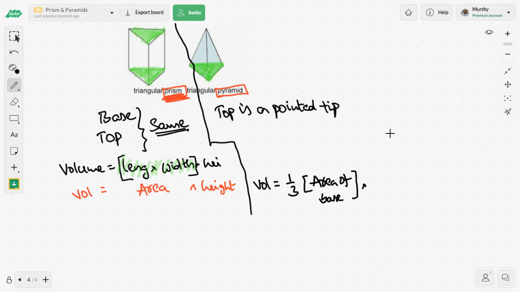Why are we taking one third? Observe carefully that I am taking almost the same formula. Volume is area times height, and here also it is area times height. The only additional part is 1 over 3 for computing the volume of a pyramid.